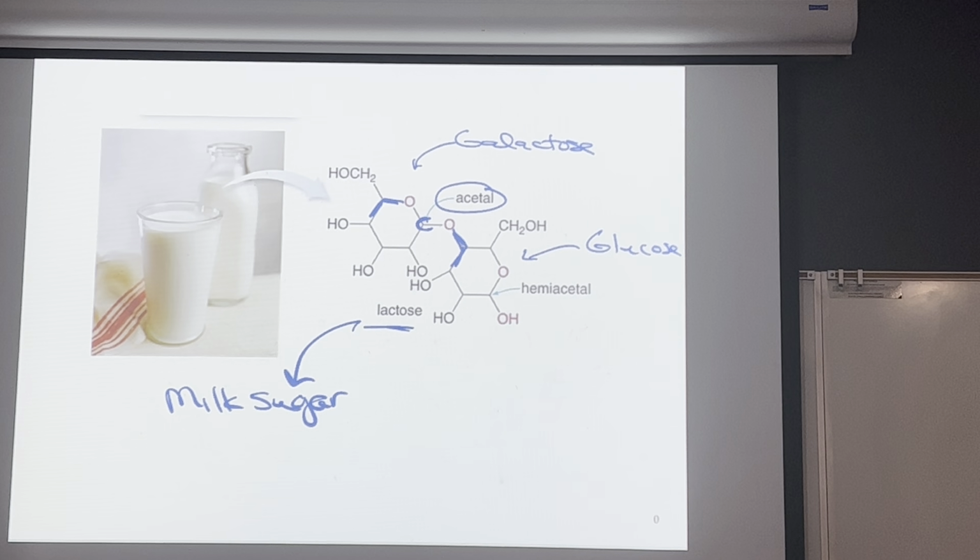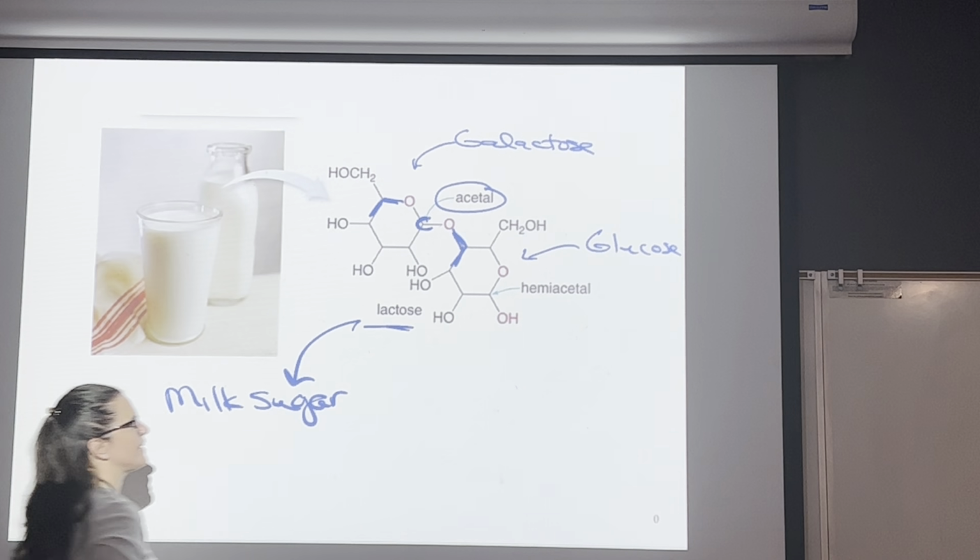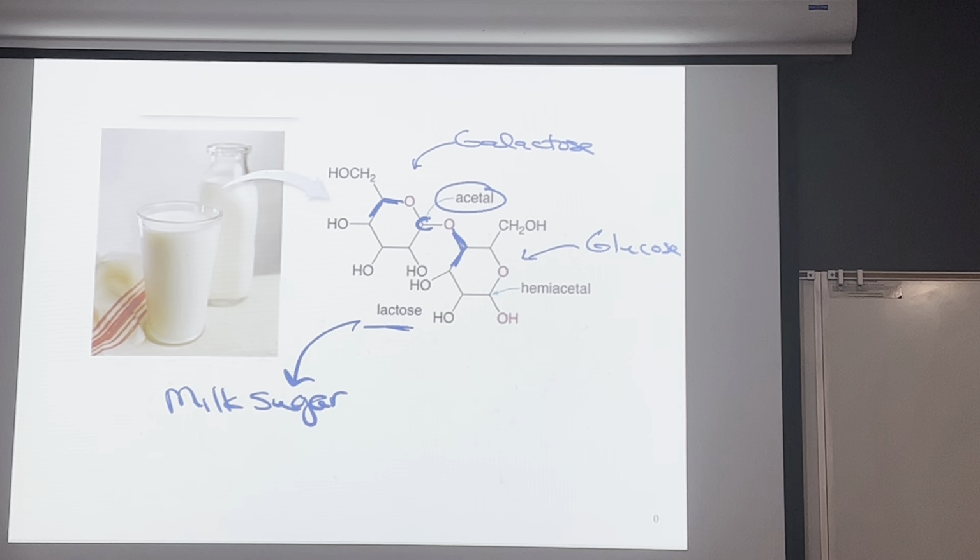If you have the carbon bonded to an OH and an OR, that's your what? Hemiacetal. Yep, so it's pointing to it right there. I'll put that one green. So your hemiacetal, you've got your OH, and then on the other side, you've got OR. Does that make sense, folks?